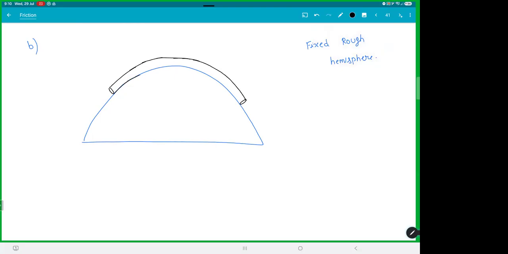We have a rope like this. This angle is 30, this angle is 60. Friction is mu. The rope is on the verge of slipping. Find mu.